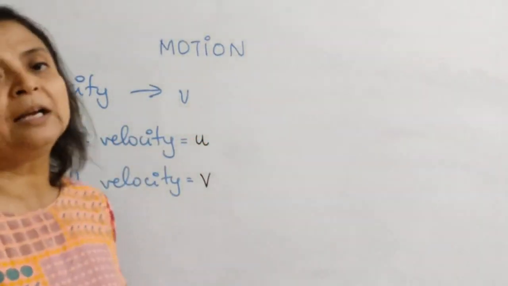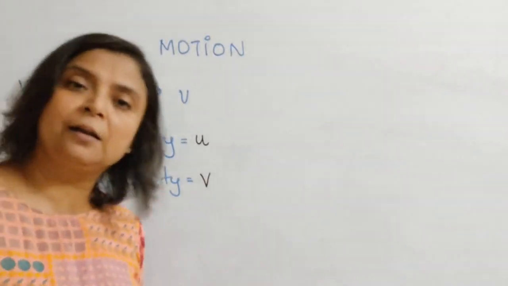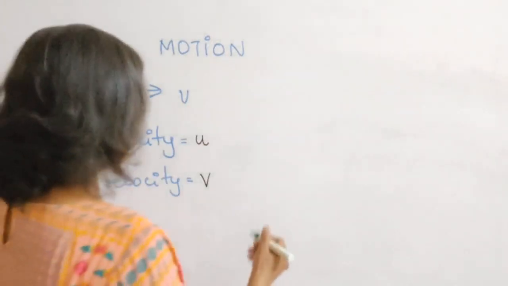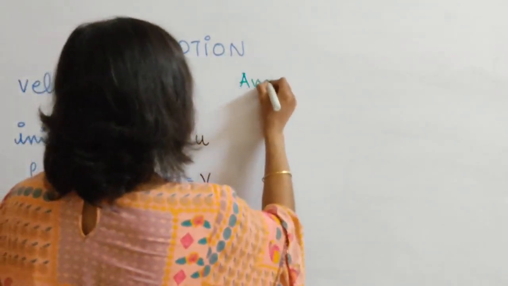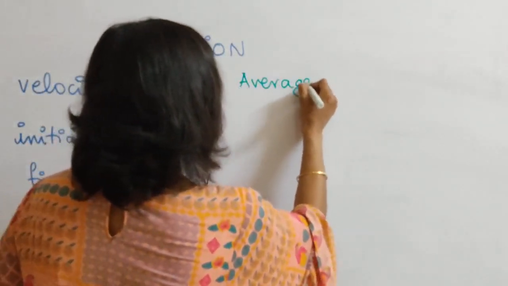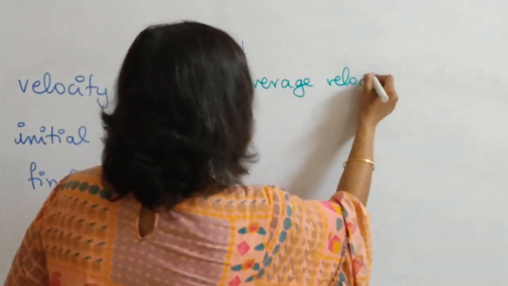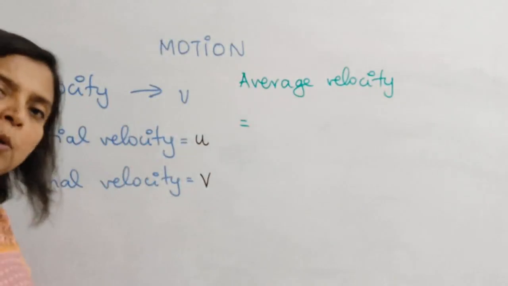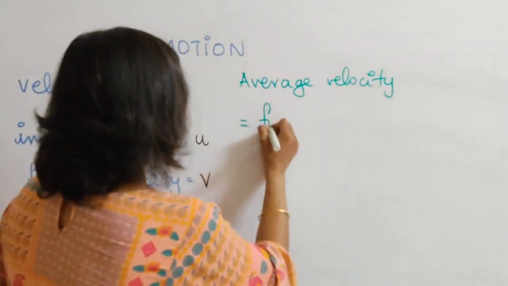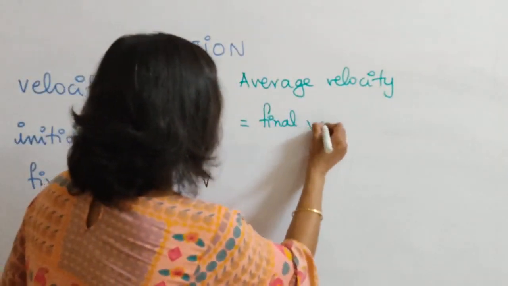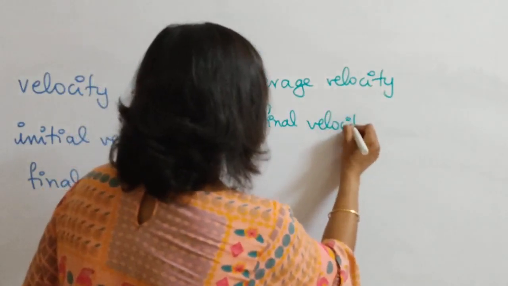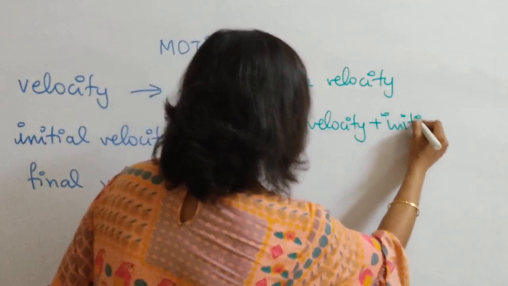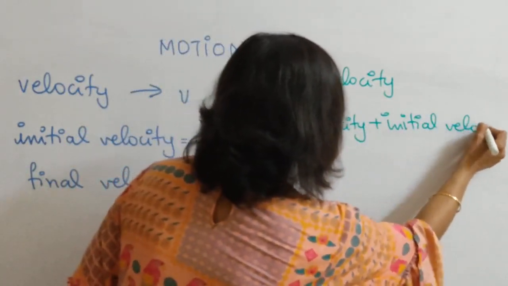Now, talking about average velocity. Unlike average speed, here we will calculate it mathematically. So, average velocity would be, there are two types, so the sum of the two divided by 2. So, it's going to be final velocity plus initial velocity.